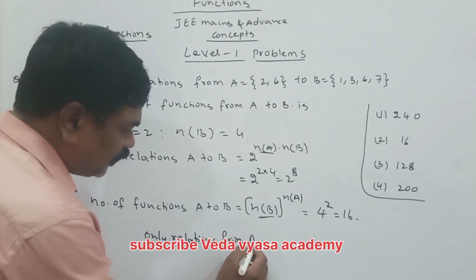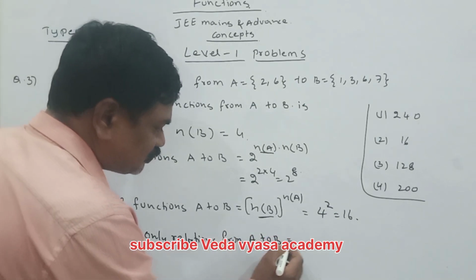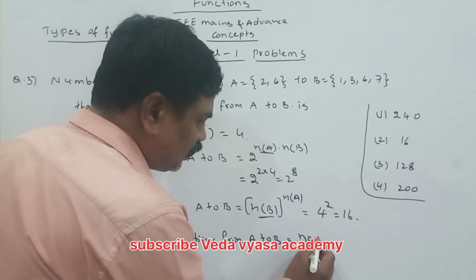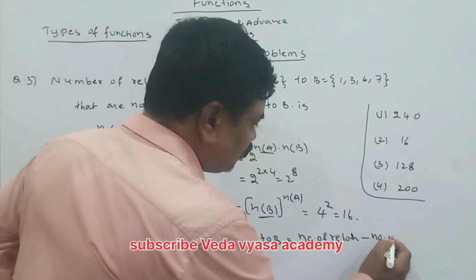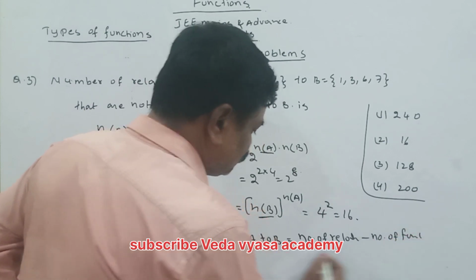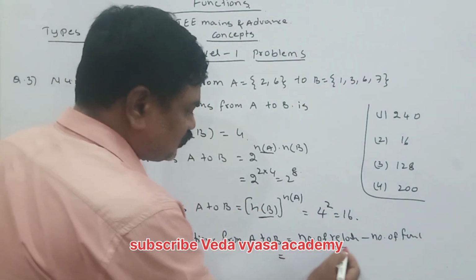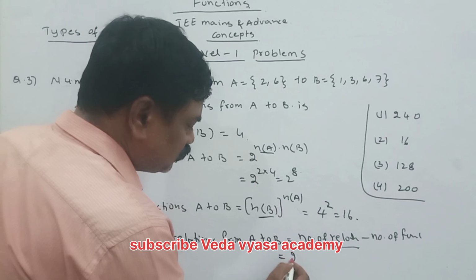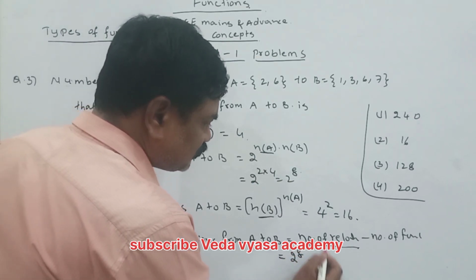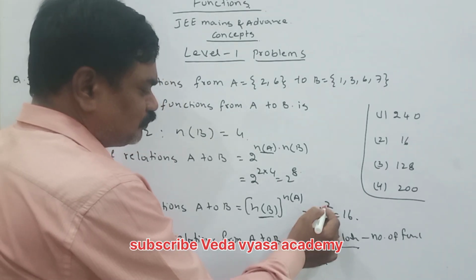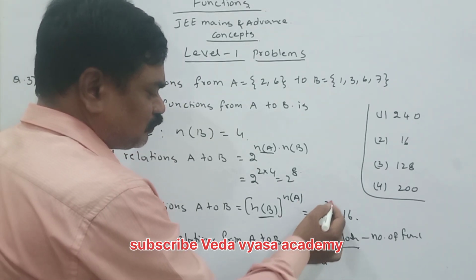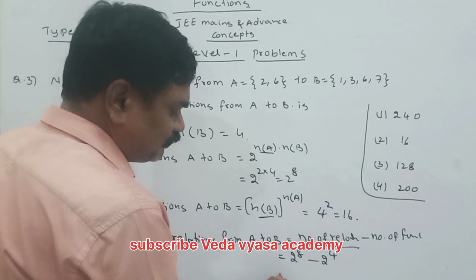So the number of relations that are not functions from A to B is the number of relations minus the number of functions. The number of relations is 2 power 8, minus 16, which is 2 power 4.